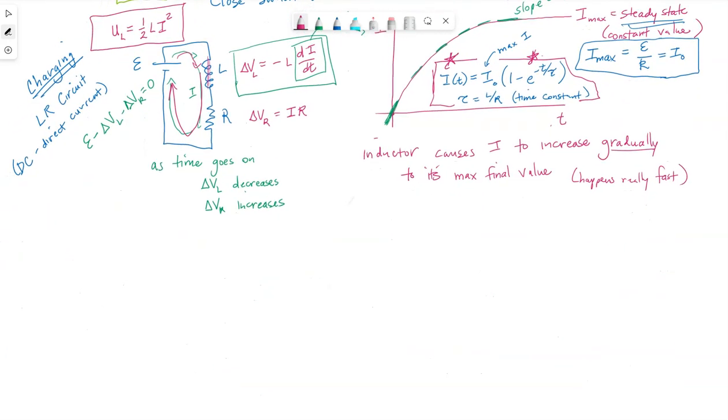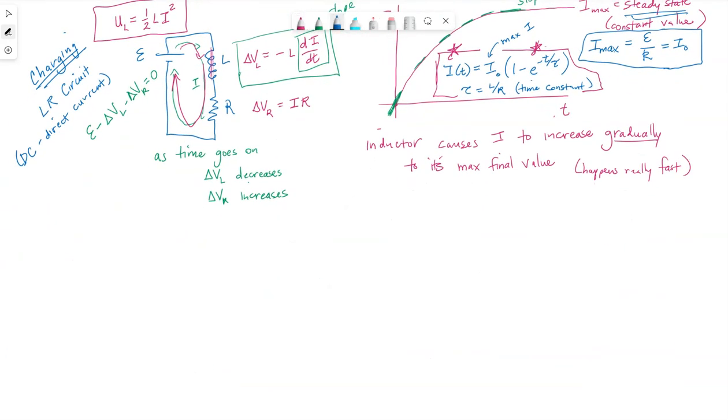So if we happen to have an inductor that has been connected to a battery, but is disconnected from the battery, so some sort of current has been flowing, both through the inductor and the resistor, this inductor is storing energy in its magnetic field.